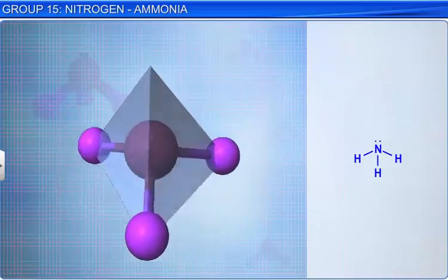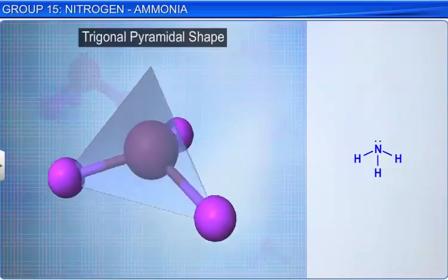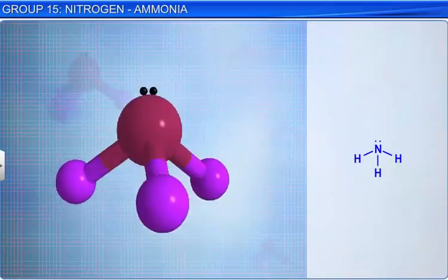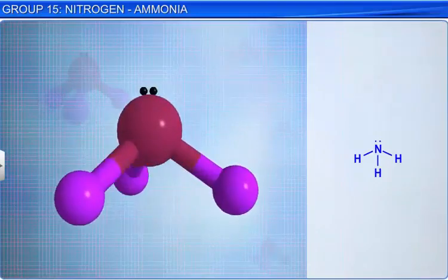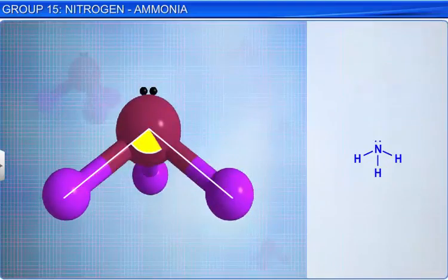Thus, the molecule acquires trigonal pyramidal shape. As a consequence, the bond angle is also less than expected, that is, 107.8 degrees.